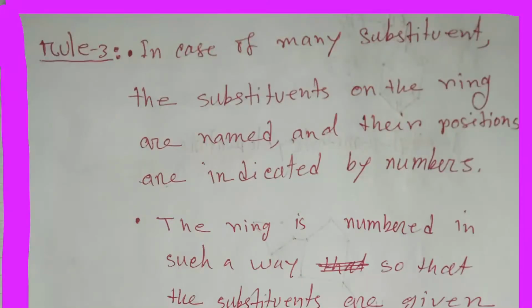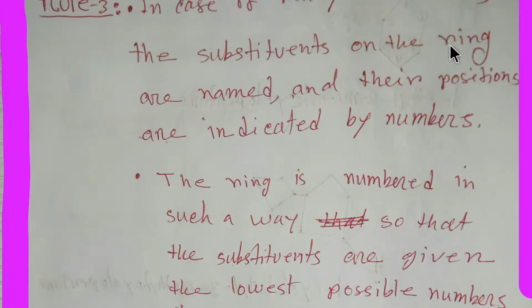Okay, now rule number 3. In case of many substituents, we have to use the plural here. In case of many substituents, the substituents on the ring are named, and their positions are indicated by numbers 1, 2, 3, 4, right?